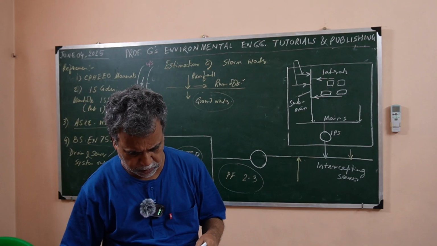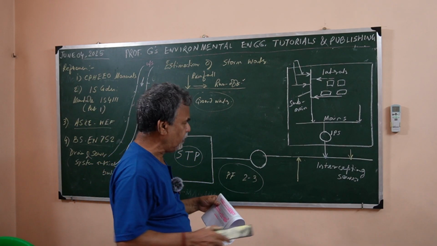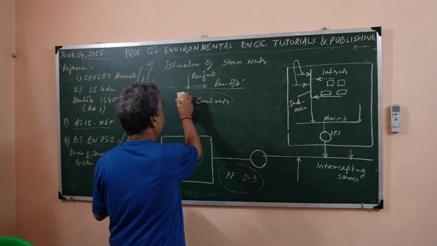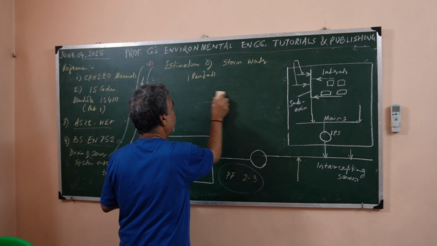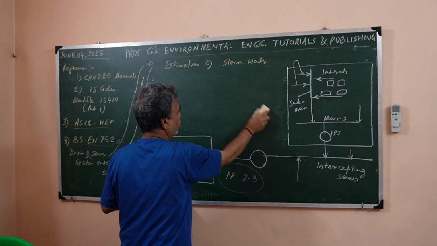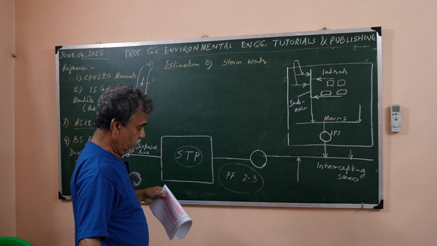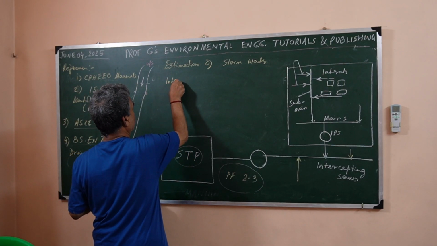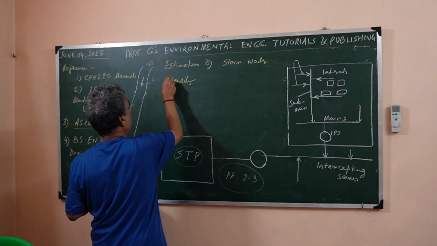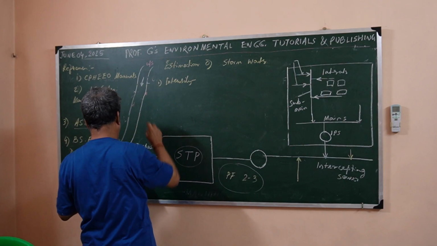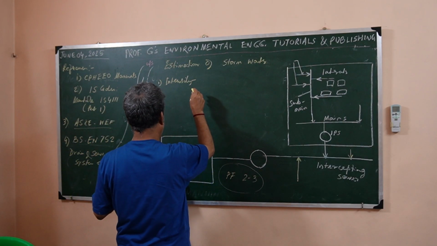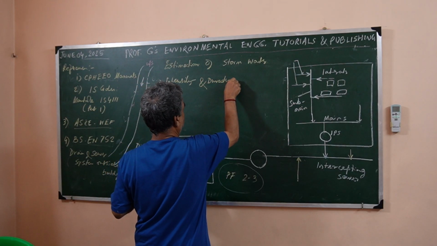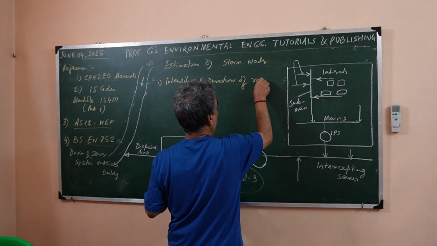The runoff reaching the storm sewer is dependent on, I am erasing this one, I think you have understood this, because this is not difficult to understand. Number one is the intensity and duration of rainfall.